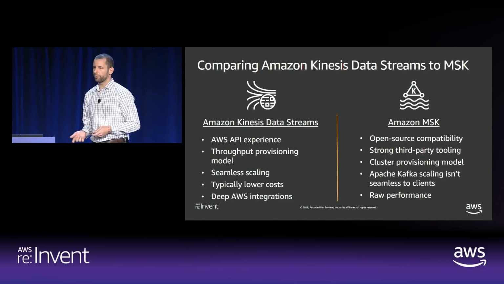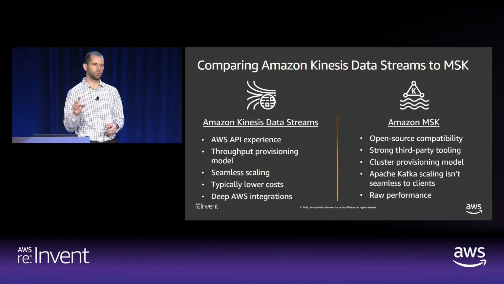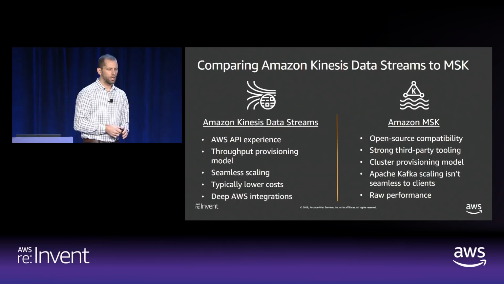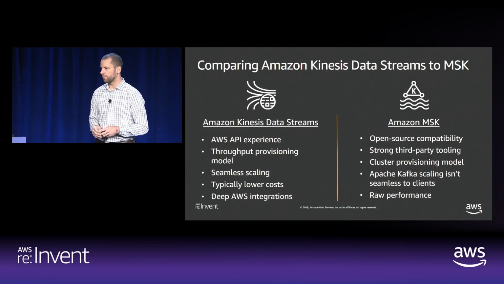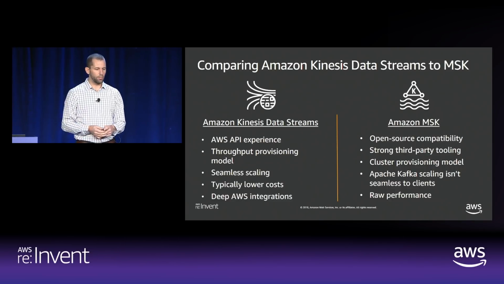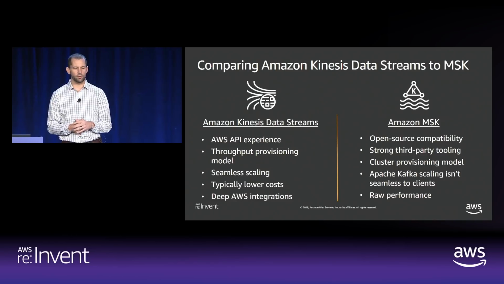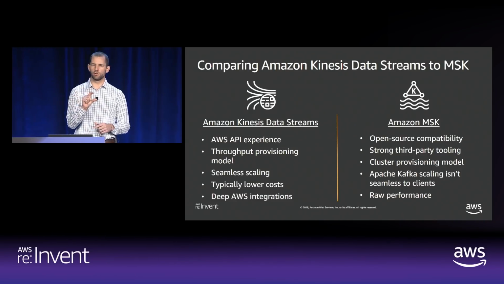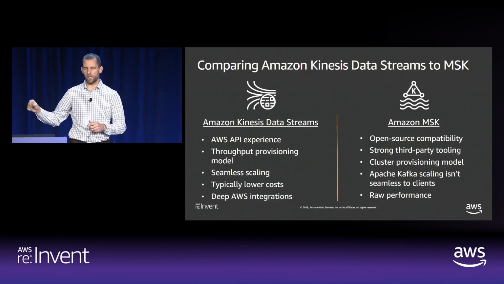It has a throughput provisioning model, so you provision on a shard level in a very small increment, 1 megabyte at a time, and it also allows you to seamlessly scale your streaming capabilities up and down, which can typically lead to lower costs compared to running Kafka because the provisioning model allows you to closely match your streaming needs and scale up and down as you go.